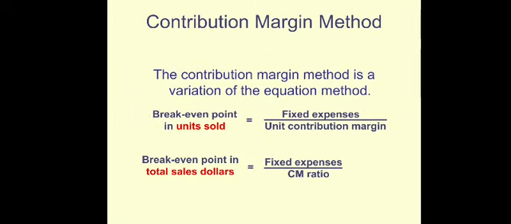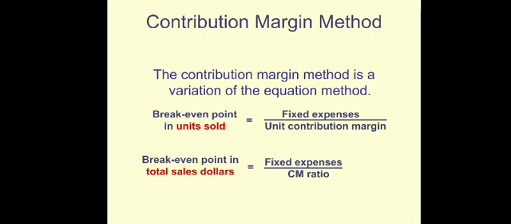Okay, let's calculate the break-even point for the bicycle company using this formula. First, we want to calculate the break-even point in terms of units. We want to know how many units of bicycles have to be sold to achieve the break-even point. So we use this formula.